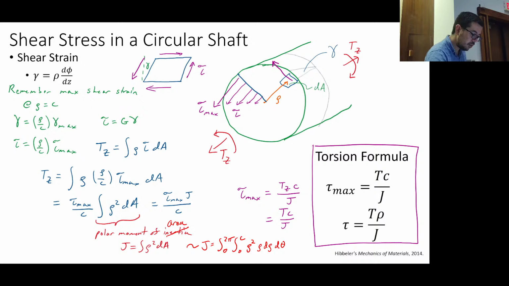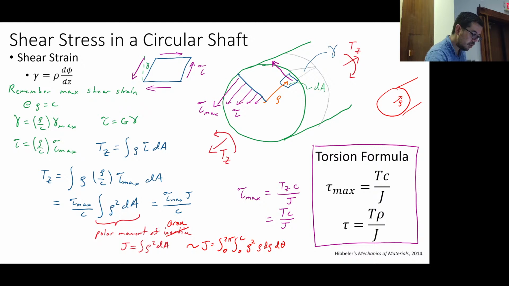The rho is given as a radial distance to an arbitrary location from the center in the material. So we're talking about circular cross sections, right? Just like you see here, it's just a circular cross section. And wherever I am relative to that center line, that's the rho.